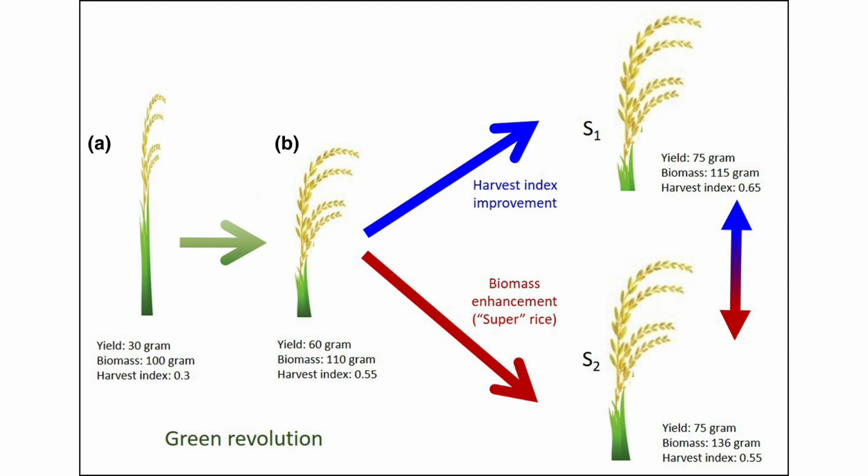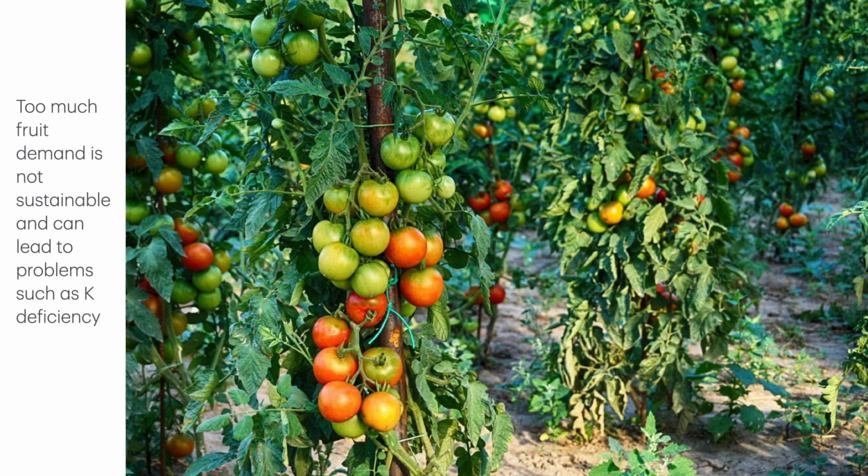Through the understanding of knowing how crops are partitioning food to different aspects of the plant, you can design plants to be more optimal. When I was a graduate student at UC Davis in the veg crops department, breeders had been selecting for tomato plants with higher and higher yields by increasing the amount of fruit that the tomato plant would produce.